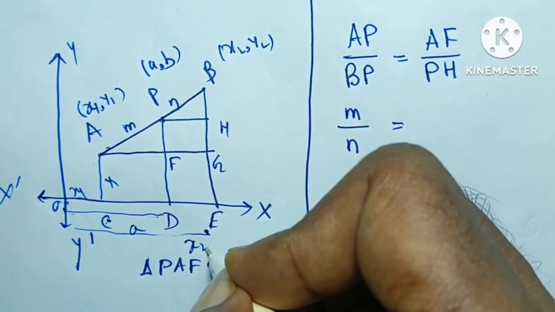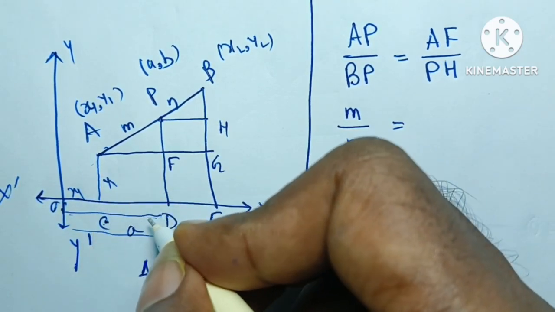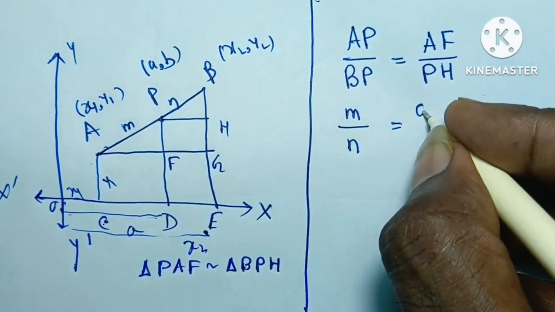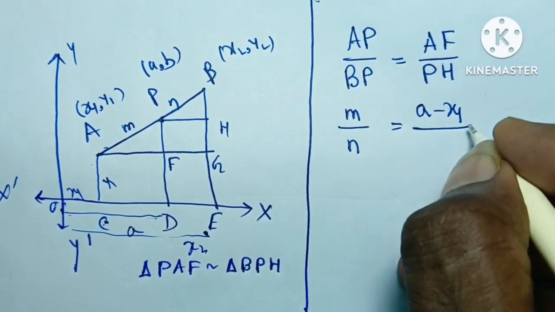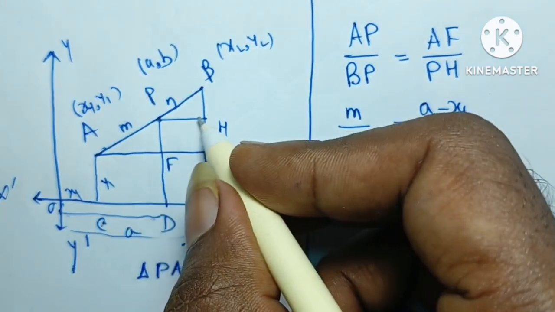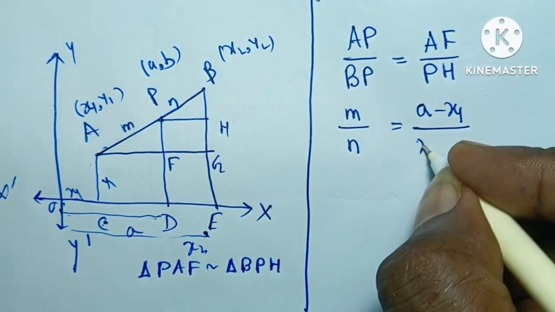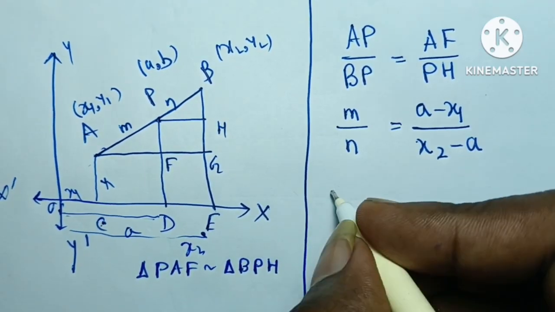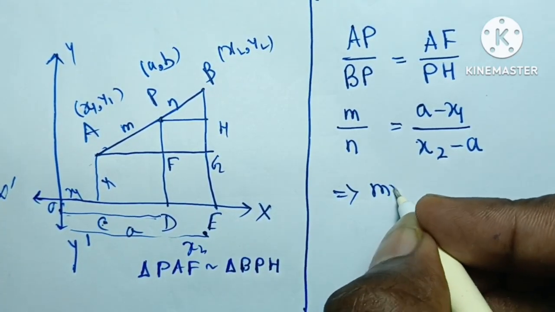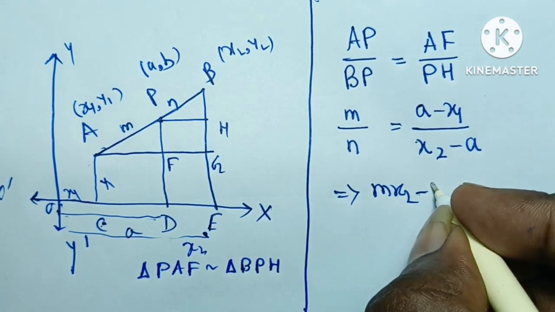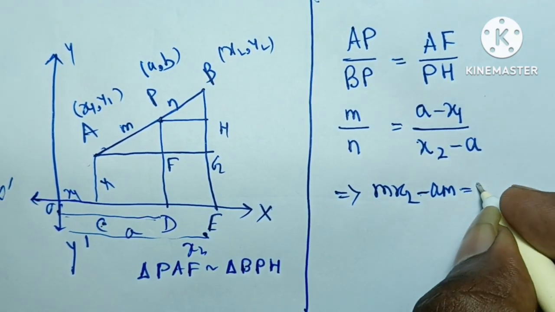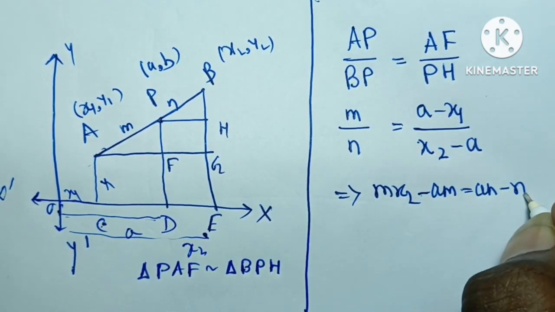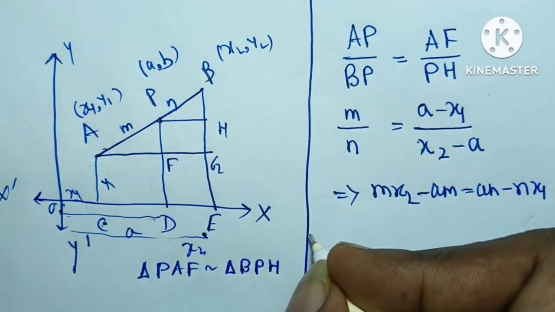This is x2. So AF is a minus x1, and PH is x2 minus a. Now calculating this, mx2 minus am equals an minus nx1.